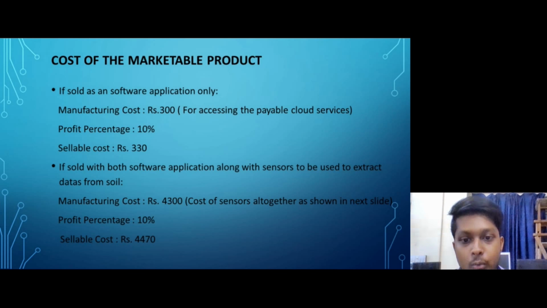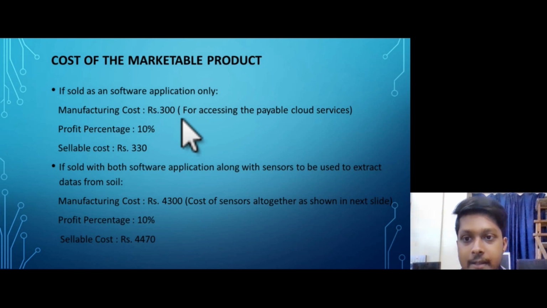So we are categorizing our selling process in two ways. In the first category, we want to sell our digital twin as a software application only. If we sell it as a software application only, then the cost is lesser compared to selling it as a software application along with the sensors too.